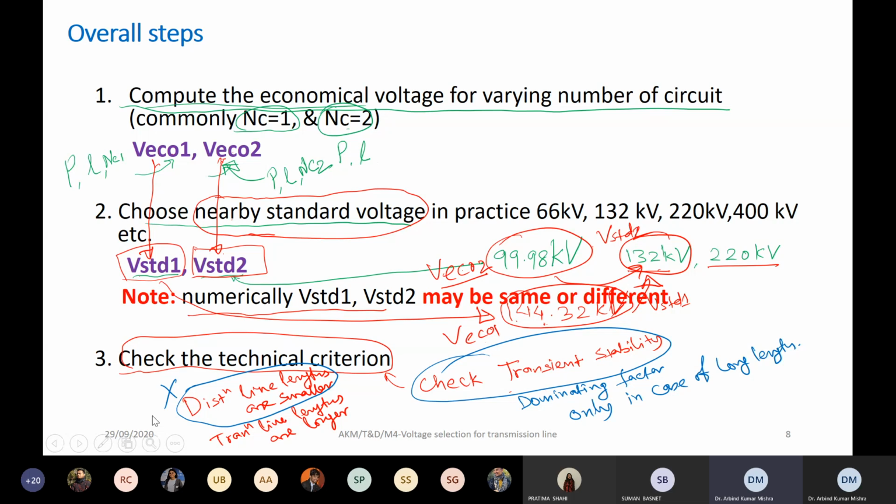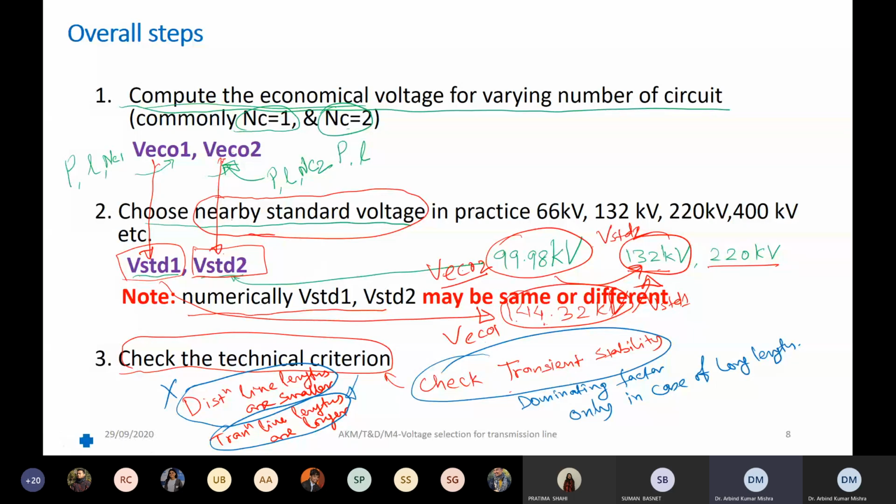But for transmission lines, since they are long length lines, we always need to check whether the chosen voltage, be it standard 1 or 2 or even for circuit 3, whatever standard voltage we choose, qualifies for transient stability or not.